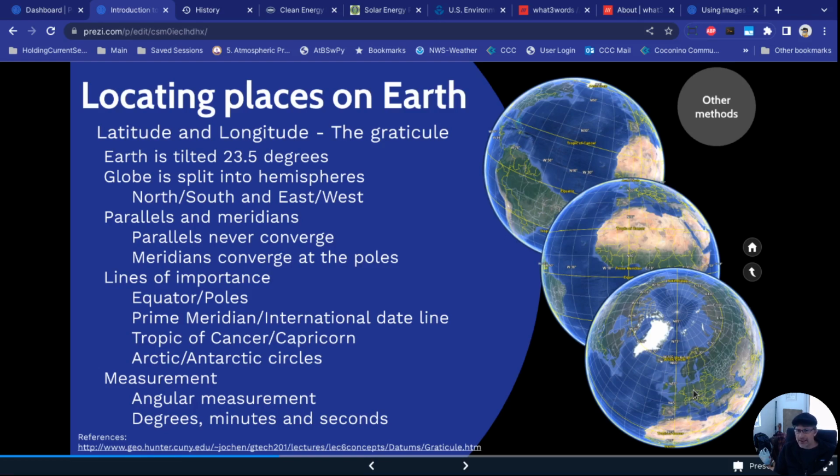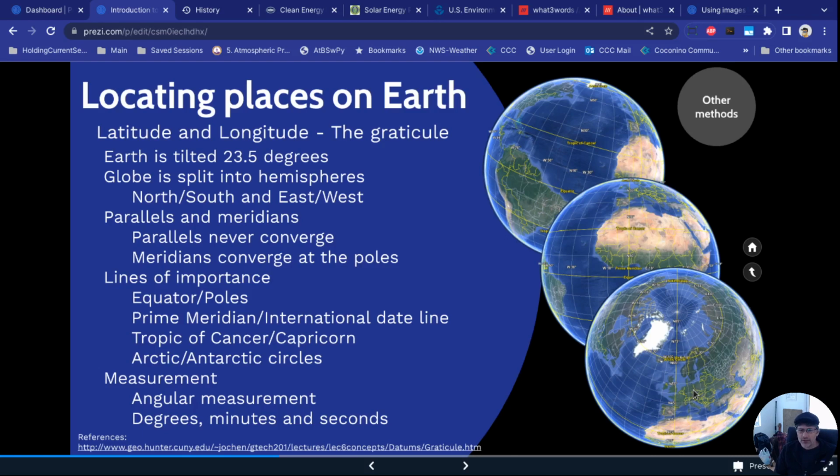The Tropic of Cancer and Tropic of Capricorn are at 23.5 degrees north and 23.5 degrees south latitude. This is significant because the Earth is tilted at 23.5 degrees, and it demonstrates the lines furthest north and furthest south that the direct sun is going to strike the Earth.